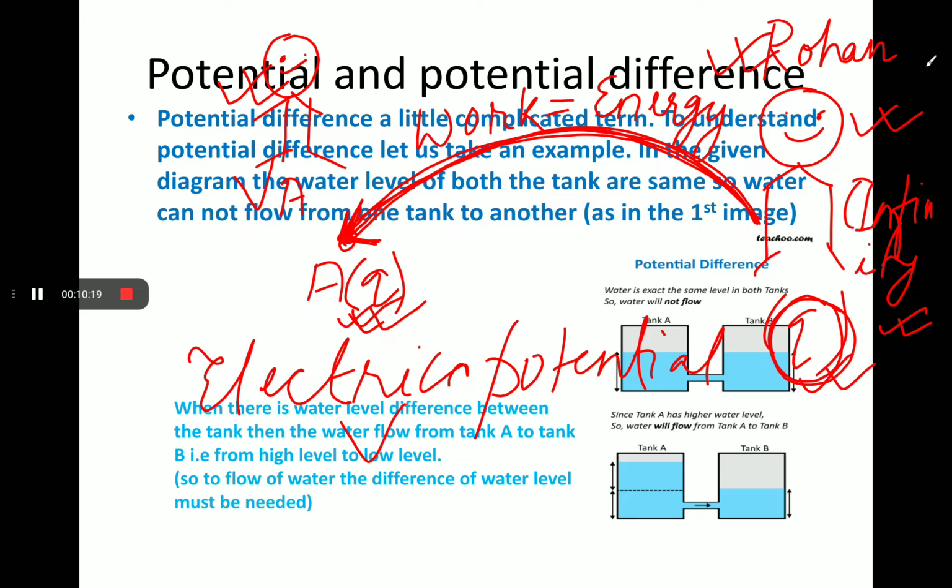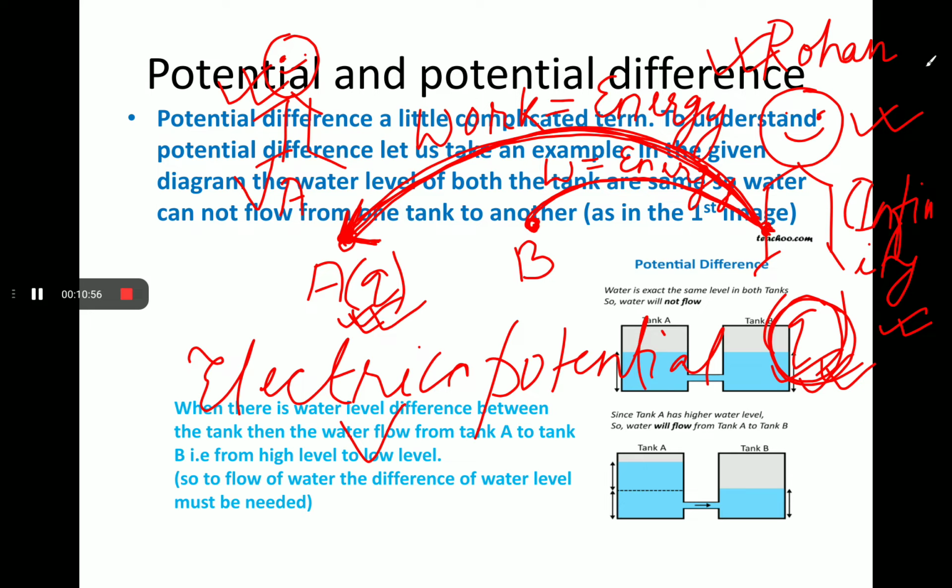So, in the second case, when he tries to bring this charge Q from infinity, he spends some amount of energy and reaches point B. Because he is very tired, he doesn't have that much energy, so he could only reach point B. So, when the charge is brought from infinity to the particular point B, he again does some work, and for doing this, he again spends some energy.